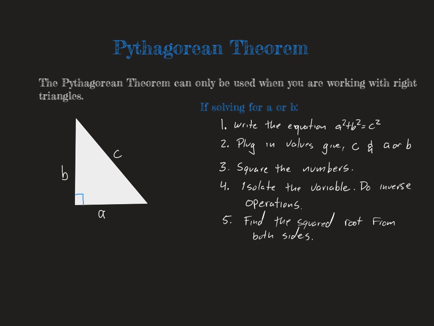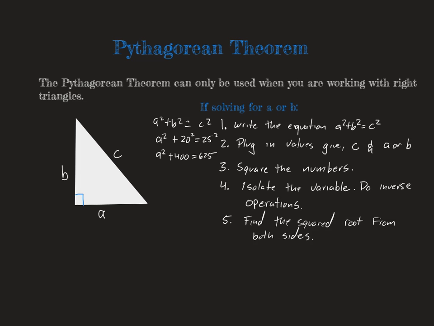So we were looking at a squared plus b squared equals c squared. We didn't know the value of a, so we're only going to write the values of b and c, which were 20 squared and 25 squared. And then that gave you a squared plus 400 equals 625.